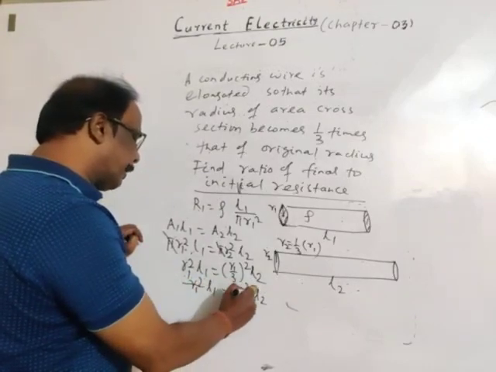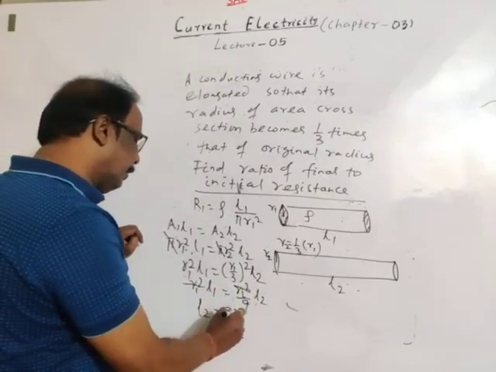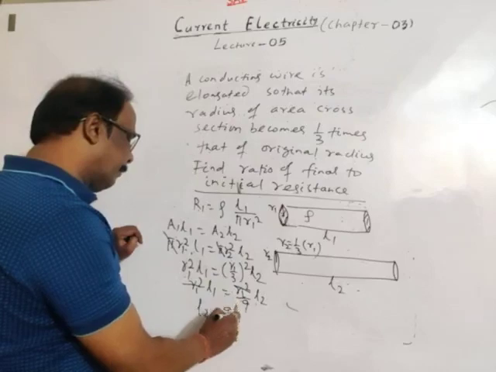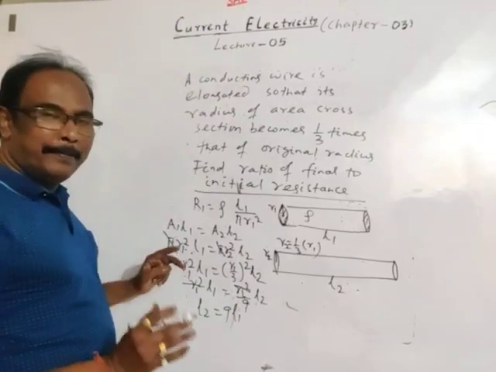R1 square gets cancelled. Then L2 is equal to 9 L1.